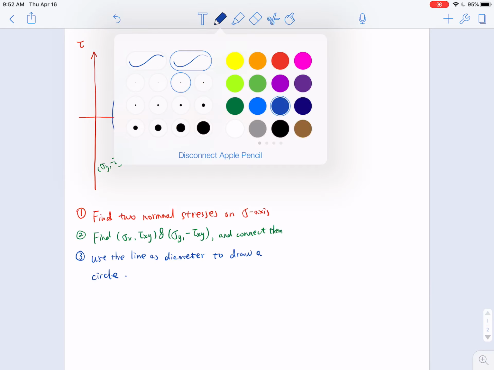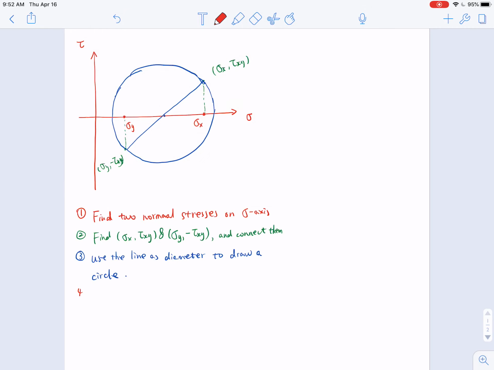In the next step, step 4, here is a question: where is the center of this circle? Can you find the coordinates of the center of the circle? It's right here, let's call it C. This is the center.